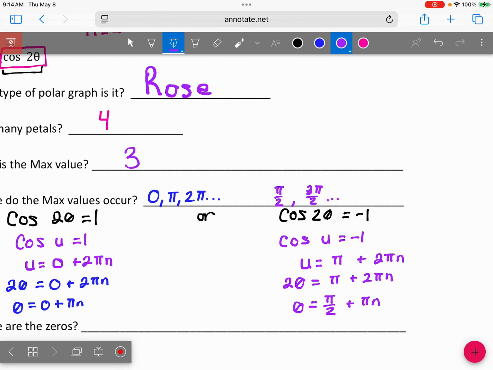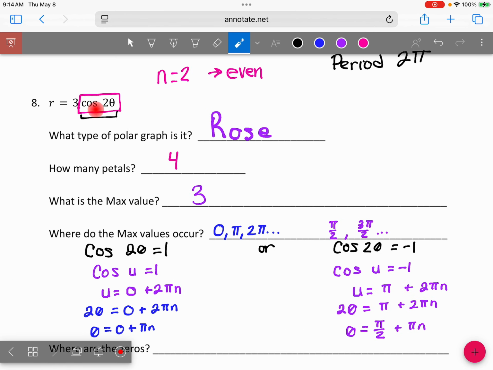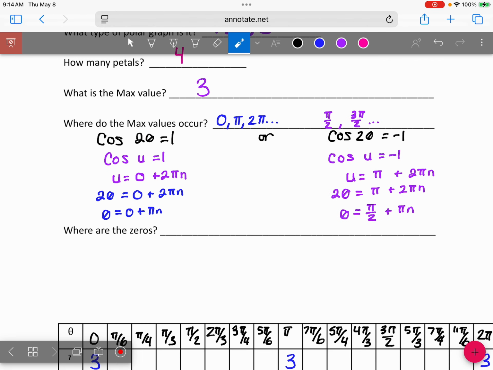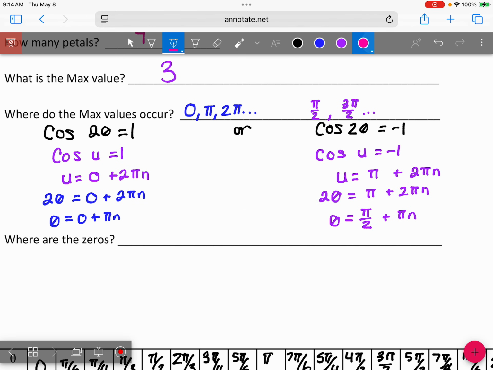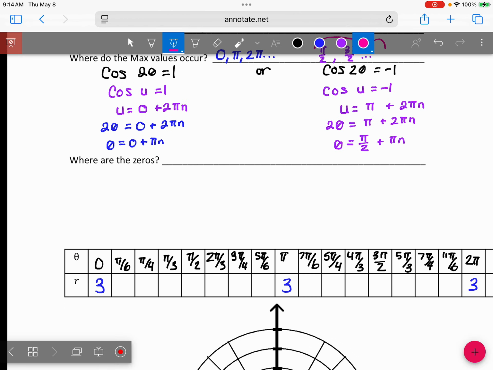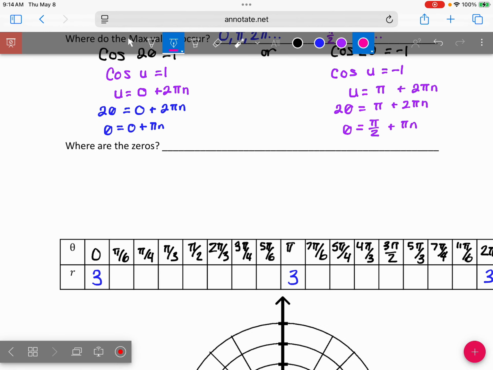And for these two pieces, this happens when our cosine is -1. So if this chunk is -1, what's our radius going to be? -3. So these ones have a -3 as our radius. It still counts as a maximum.